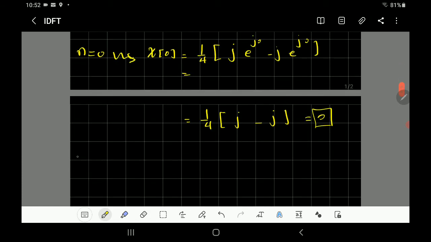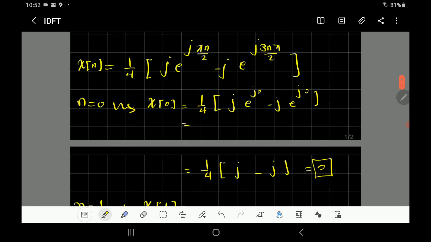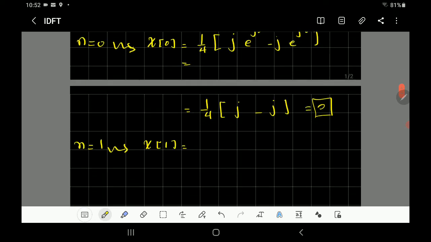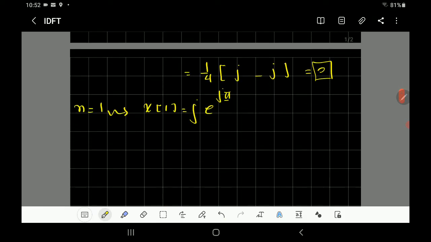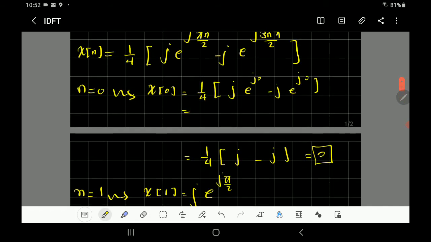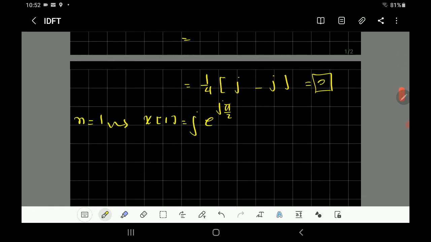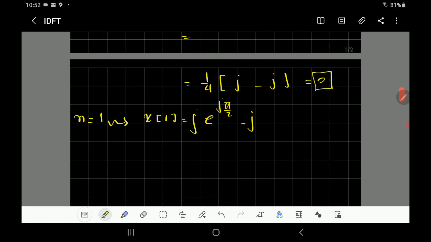Let me get n equal 1. So x[1] is j e to the power of j pi over 2, the second value minus j e to the power of j 3 pi over 2.